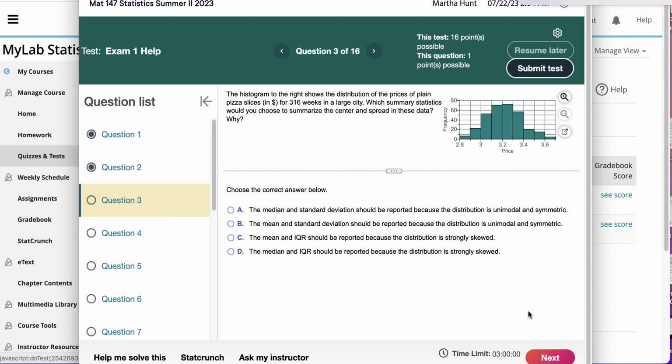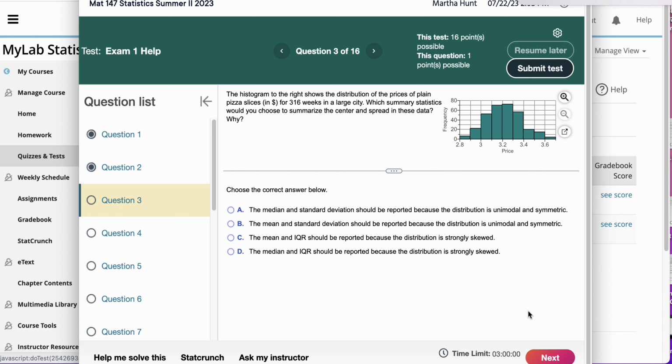And next we have a histogram about pizza slices, and it's the price of pizza slices in dollars in a large city. So one of the things I'm noticing is that it is symmetrical, and it appears to have one mode, and there's no skewness to it.